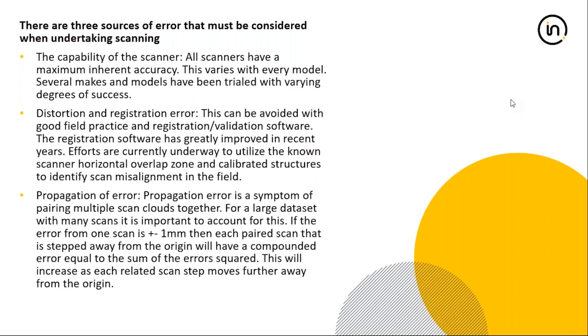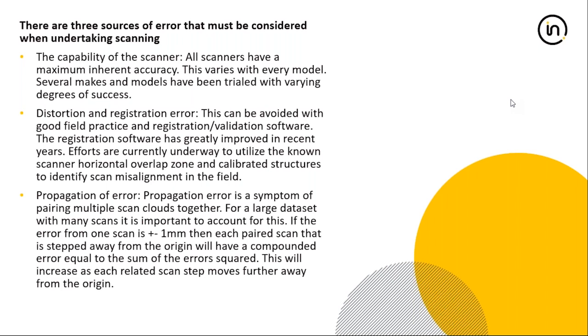Then if your initial point is off by a couple of millimeters, and you are trying to mesh your first cloud of points to another cloud of points within the tank, and that measurement also has a little bit of error, it's going to compound.